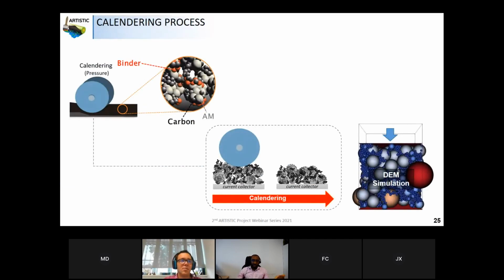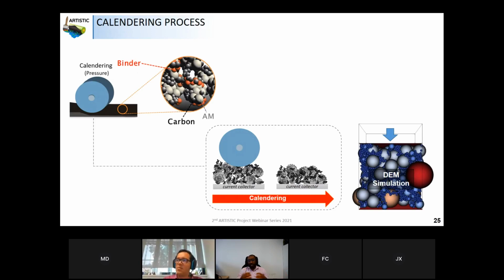For that, we use a DEM simulation. The method that you use for the DEM is almost the same as what we use now. It's just that we take into account the rotation of the particle and the property of the material.